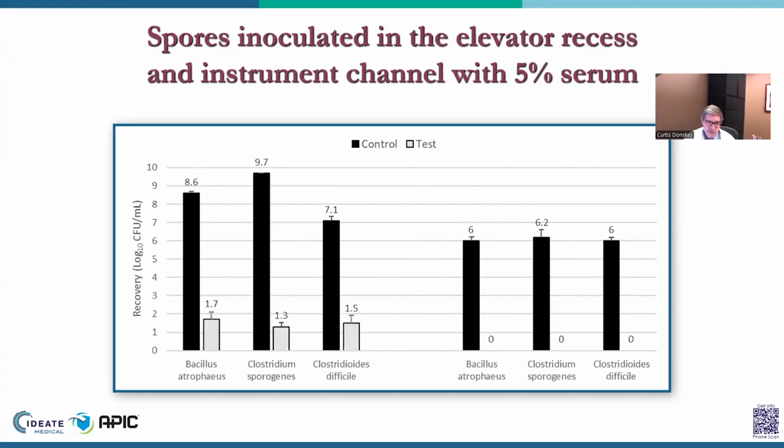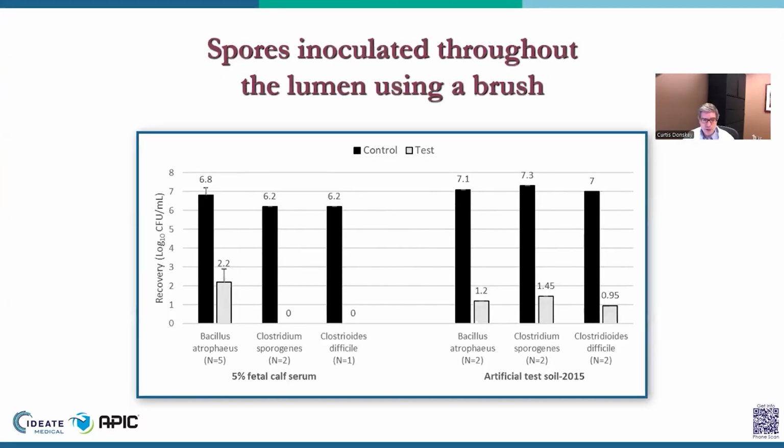On the left side of the slide, you can see that we did occasionally have failures with a very high organism challenge. So 7 to 9.7 logs of spores were not consistently completely eliminated. They were greatly reduced, but not consistently reduced to 0.